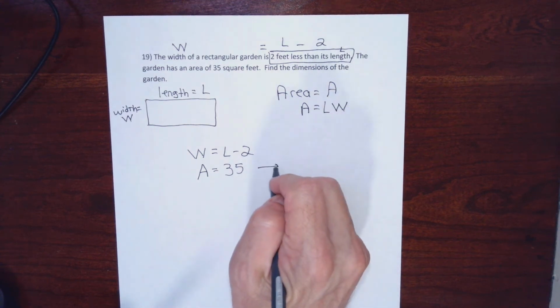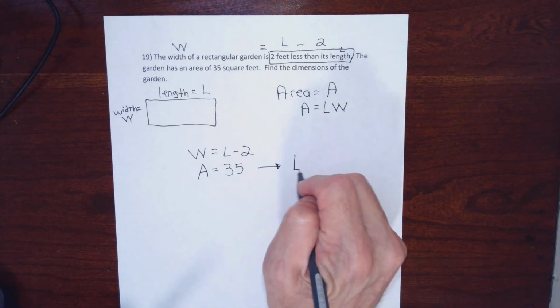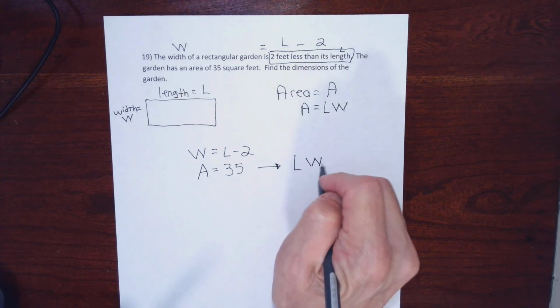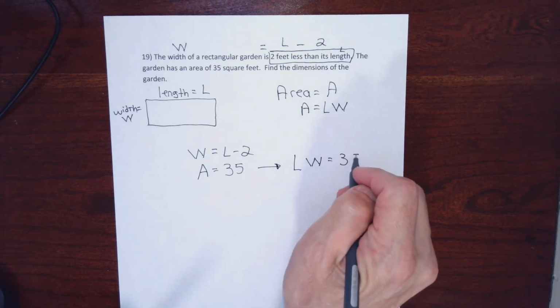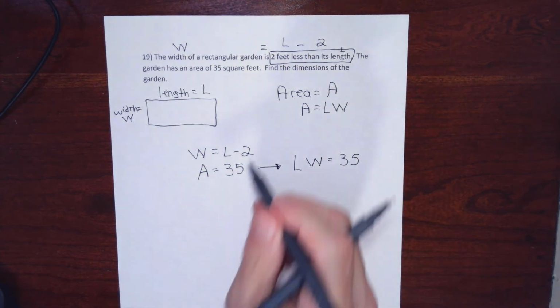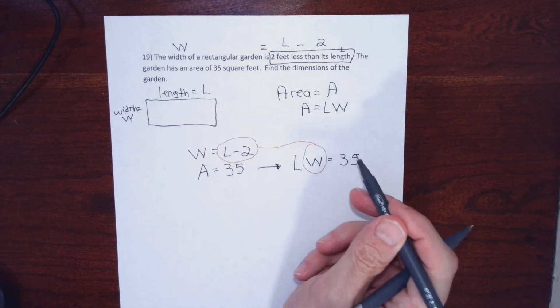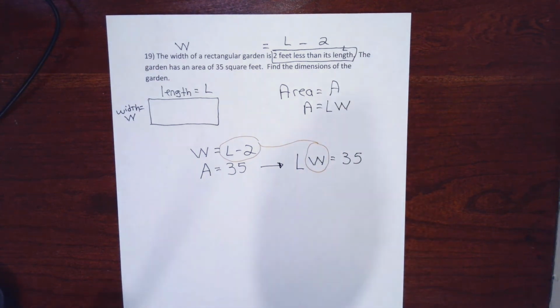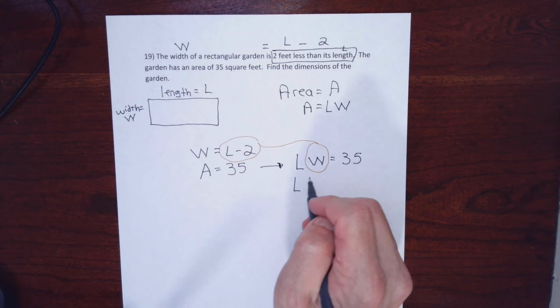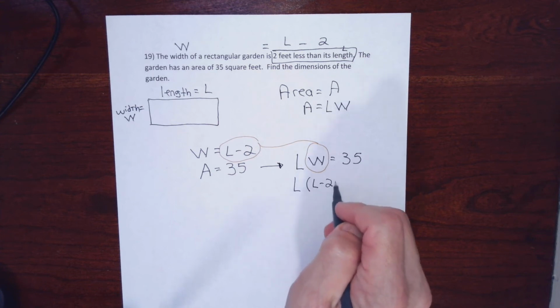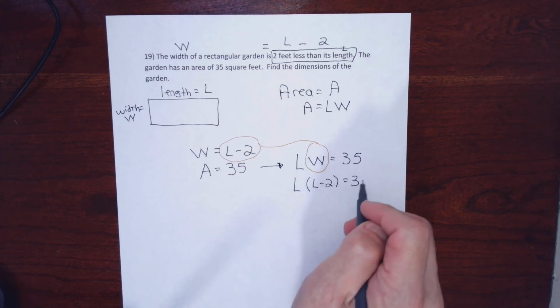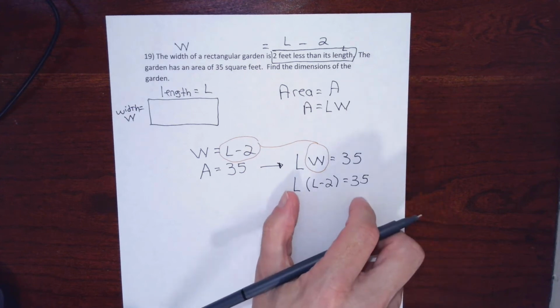So this area equals 35 I can change to length times width equals 35. And I'm going to substitute that the width is 2 less than the length into the area equation. And this is the equation I'm going to solve.